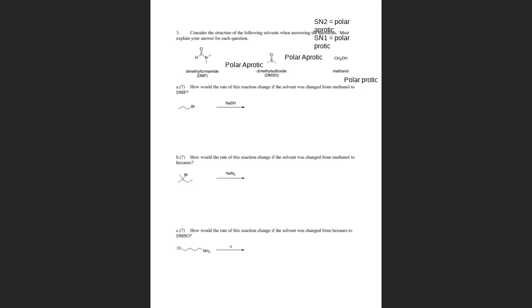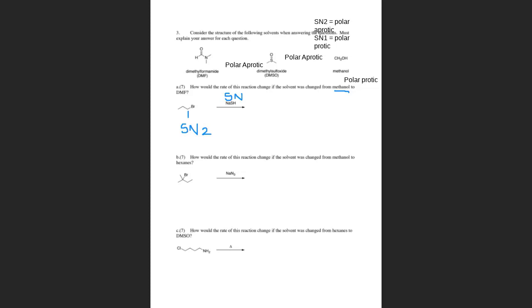For the first reaction, we have a primary carbon with a very strong nucleophile, right? If it's a strong nucleophile and a primary, that would be an SN2 reaction. Now they're asking what would happen to the reaction if the solvent was changed from methanol, which is protic, to DMF, which is aprotic.